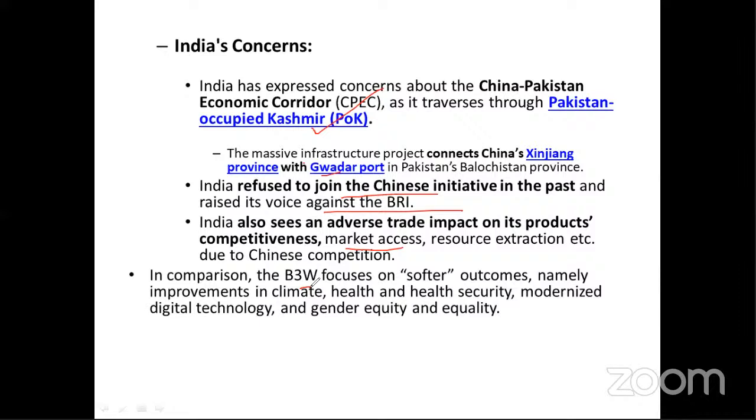China's main investment is only in those areas where China can access markets. China will not invest in infrastructure for schools, or talk about school education or removing poverty in any country. China will only invest in the development of ports and industries, so that they can keep their products for a long period of time.